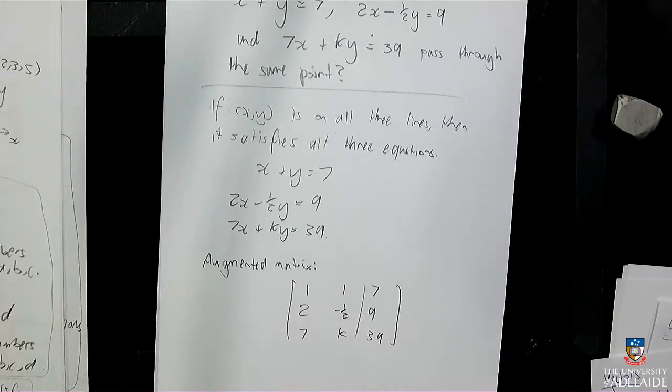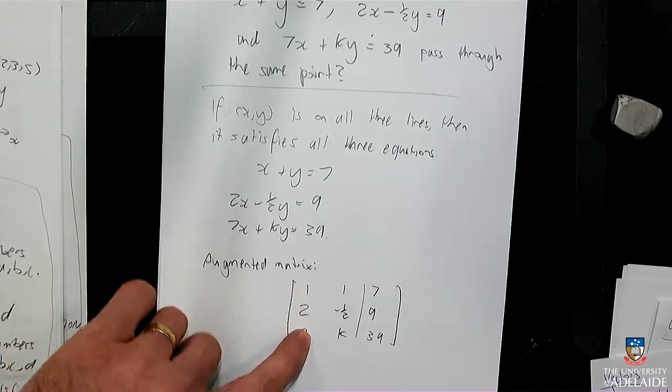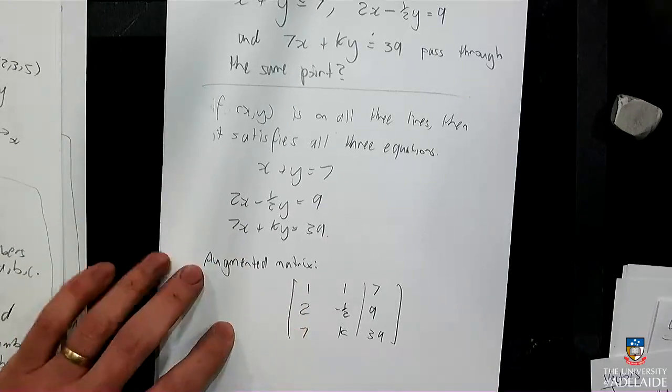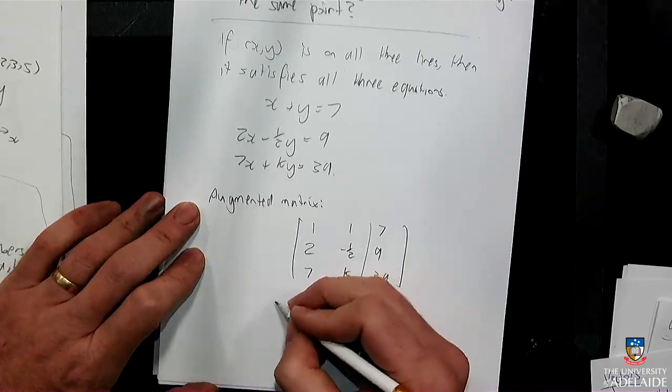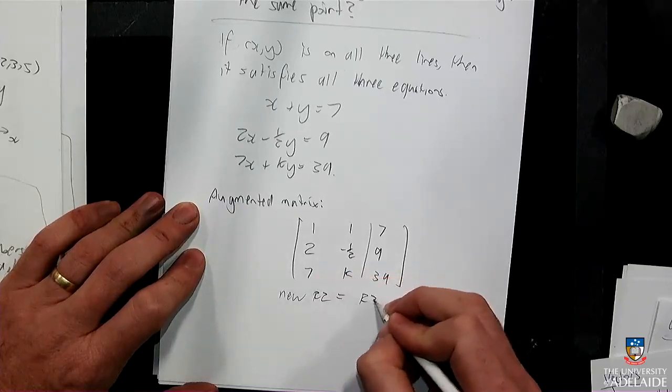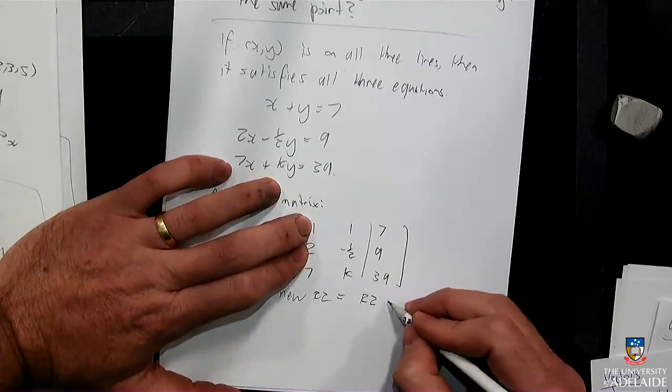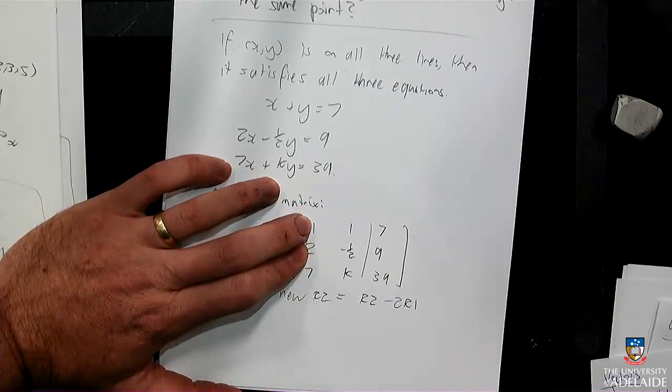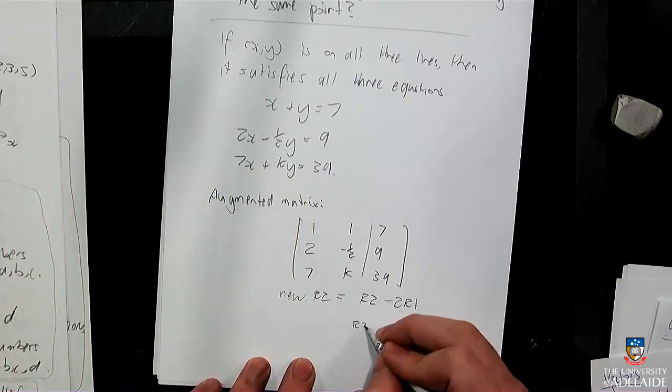So as I said in my advice, I'll create one column at a time. So I'm going to get 1 and then going to make these ones 0. Okay, so let's see, my new row 2, I can take off 2 lots of row 1, like that. So this is what row 2 currently is.